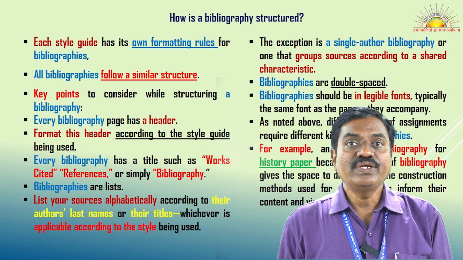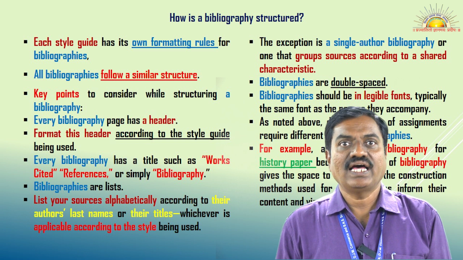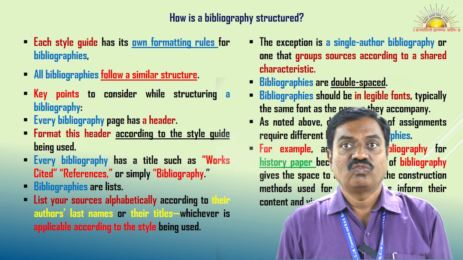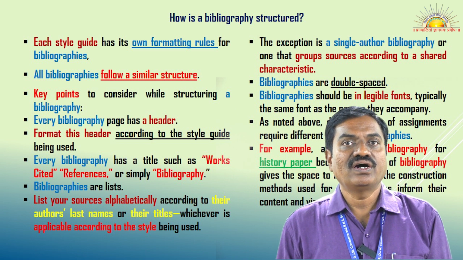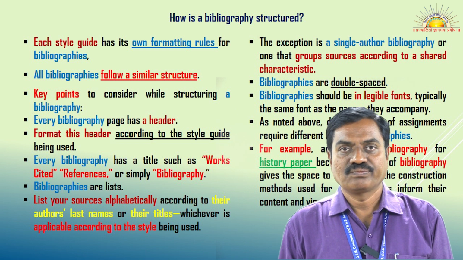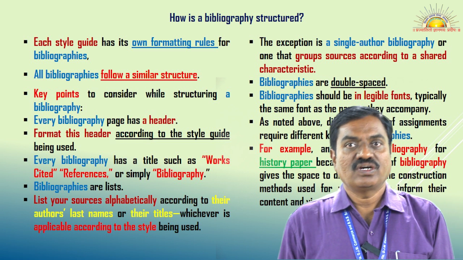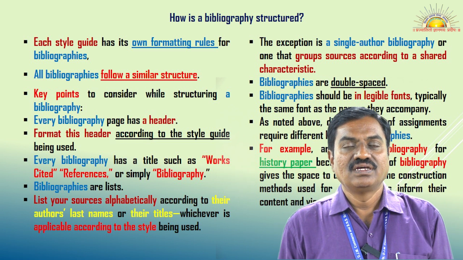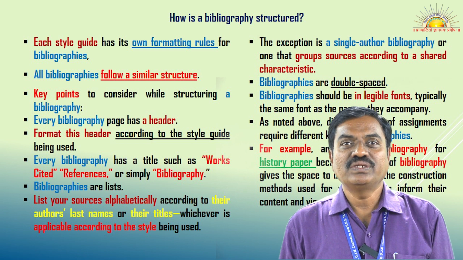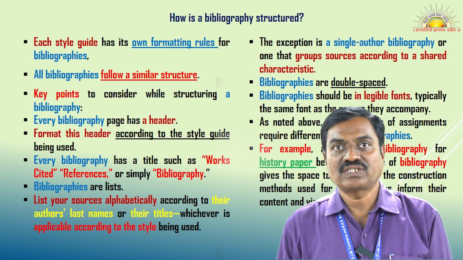First, every bibliography page has a header. Format this header according to the style guide you are using. Every bibliography has a title such as works cited, references, or simply bibliography, as per the style guide.